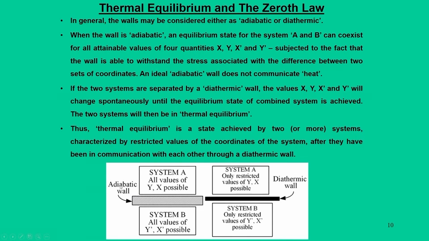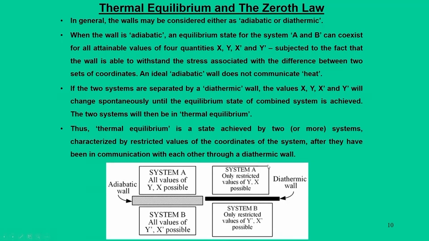When there is an adiabatic wall, no communication between system A and system B is possible through it. So system A can retain all possible values of x and y, and system B can retain all possible values of y dash and x dash, as long as this adiabatic wall is there and is sufficient to withstand the stress developed by systems A and B, and at the same time there is no communication of heat between A and B.